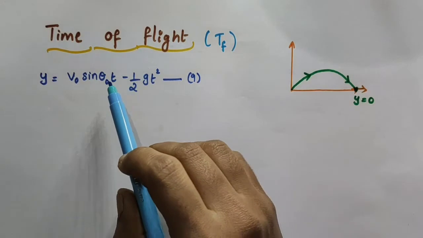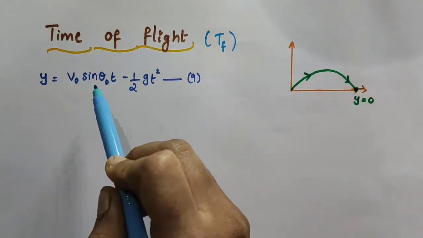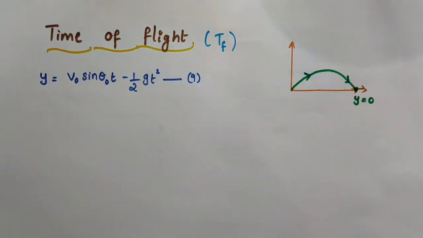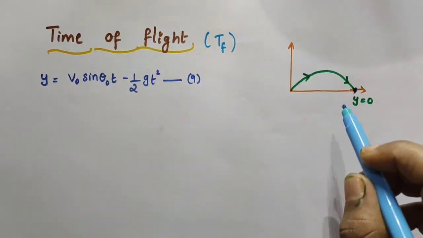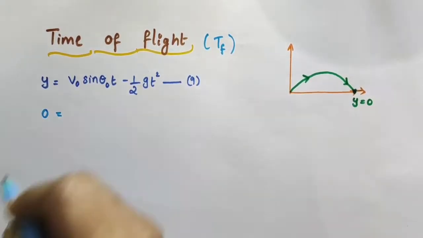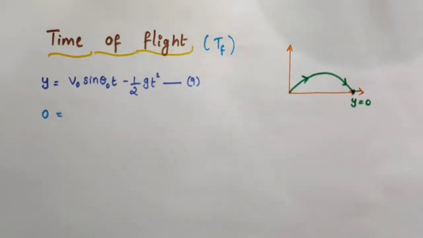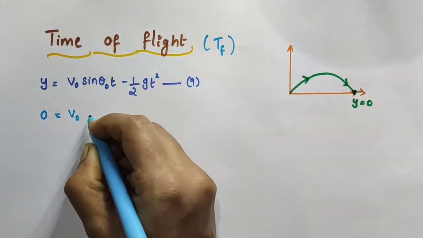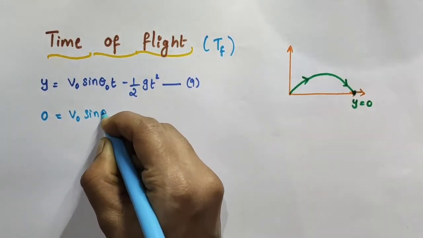Now we consider equation number 9, which we have already discussed. y equals V0 sin theta 0 into t minus half g t square. When we substitute y as 0, we can write 0 equals V0 sin theta 0 into t.